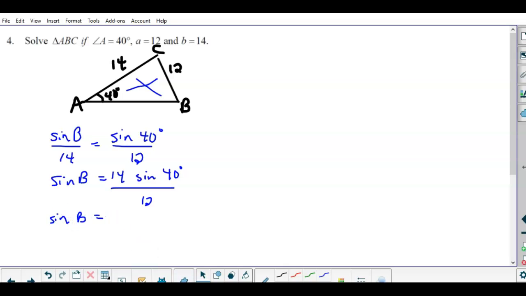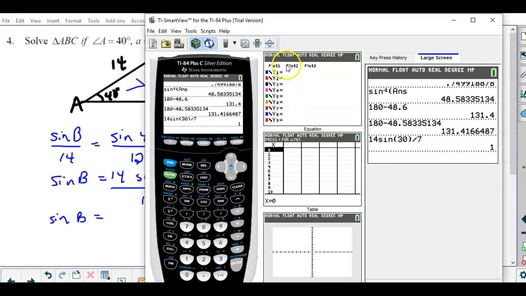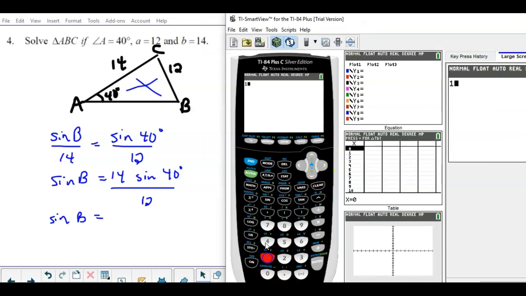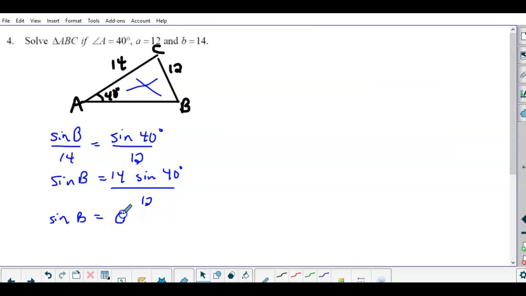Okay, and so doing this, we're going to have 14 sine 40 divided by 12, so 0.7499. Well, sounds familiar from the last question, similar question.